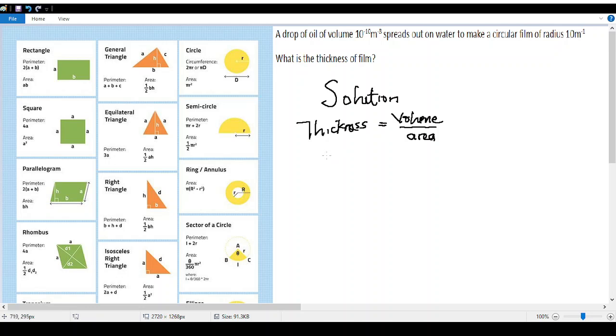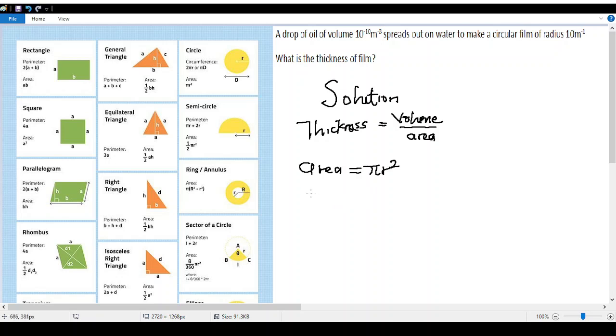Let's keep in mind too that since the film is circular, the formula for area is going to be pi r square. So the radius of the circular film is 10 raised to the power minus 1 meters.